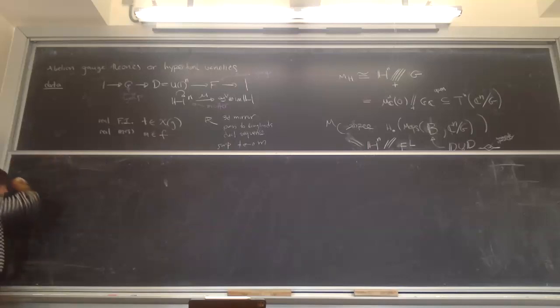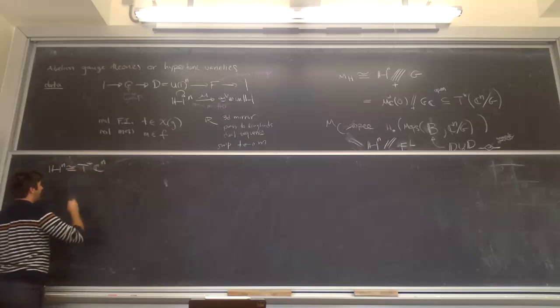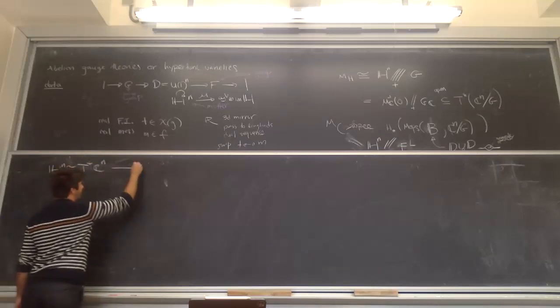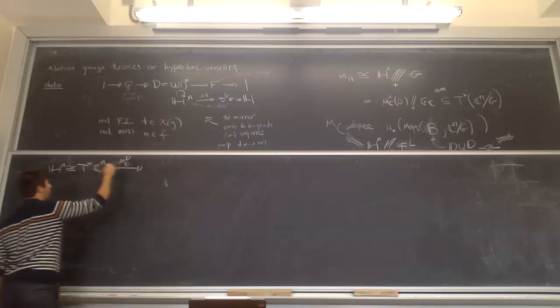So the way that you find the skeleton, I mean, there's lots of ways of doing it, but my favorite way of doing it is that if you take H^n, or if I choose an algebraic structure, T*C^n, this thing has its complex moment map for the D action, which is like the full action.